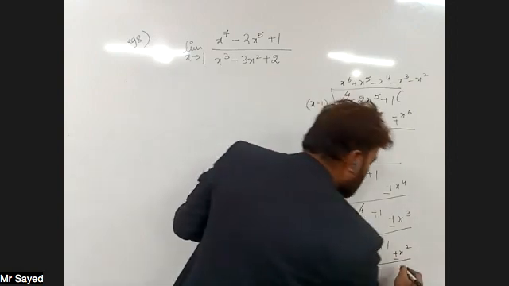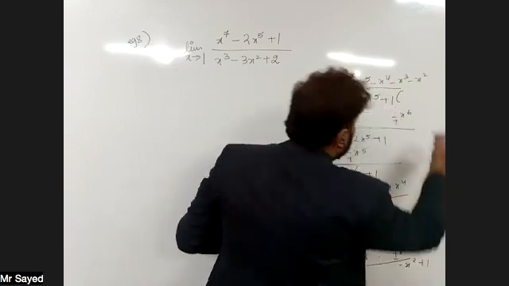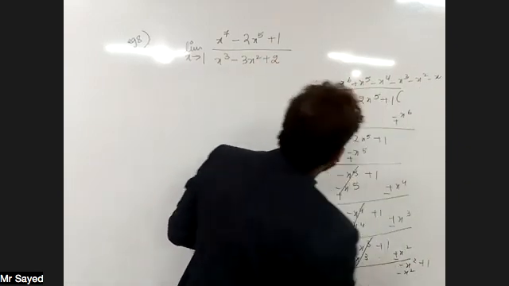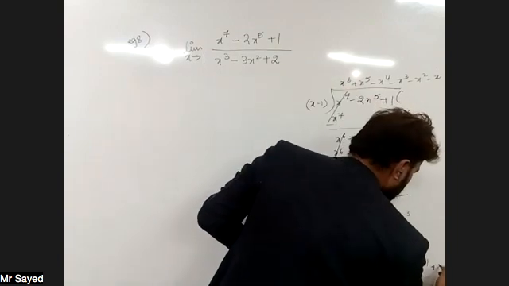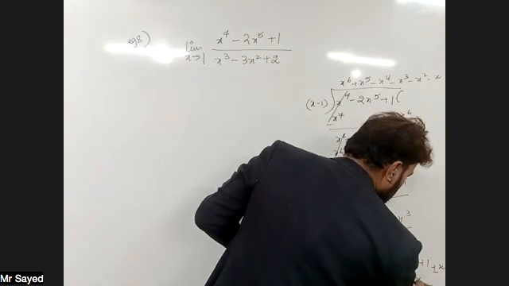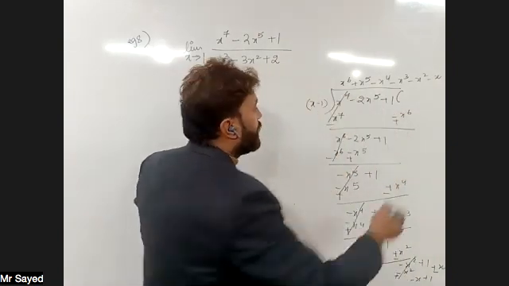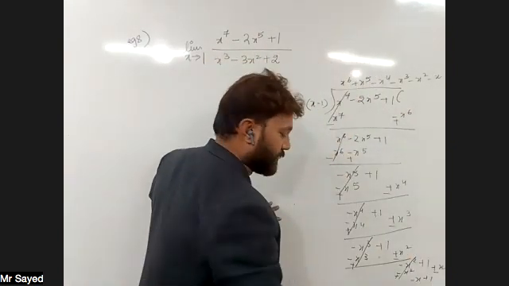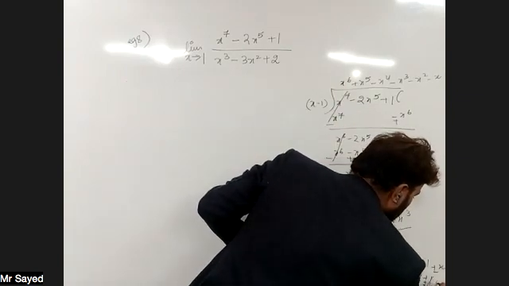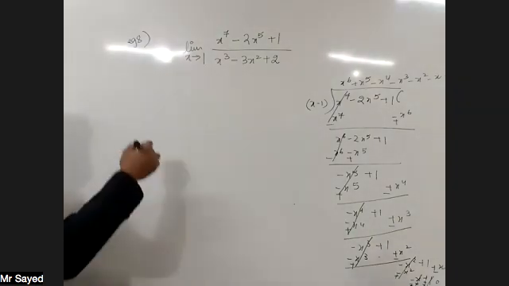Cancel. Minus x square plus 1. We need minus x. So this is minus x square and plus x. Cancelled. Minus x plus 1. Now we need minus 1. So this will be minus x plus 1. Cancelled.